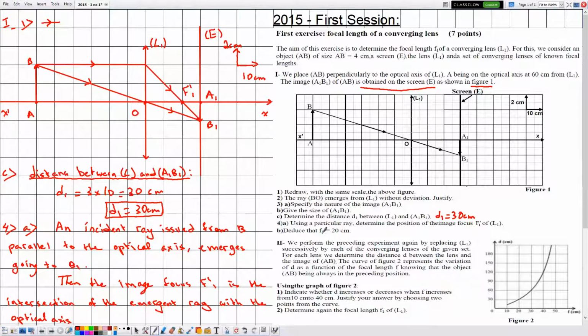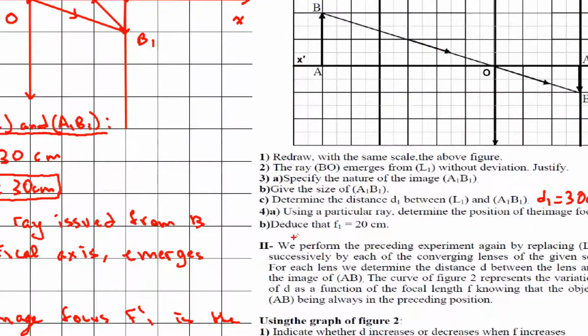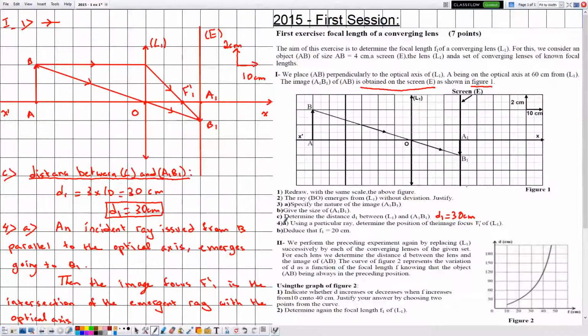Now in part B they are telling me to deduce that f1 is equal to 20 centimeters, and the word deduce means that we need to use the part just before, which is part A. In part A we have determined the position of the image focus f'1 and we already know the position of the optical center, therefore we can determine graphically the focal length f1.